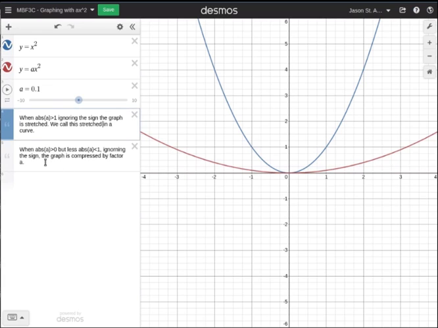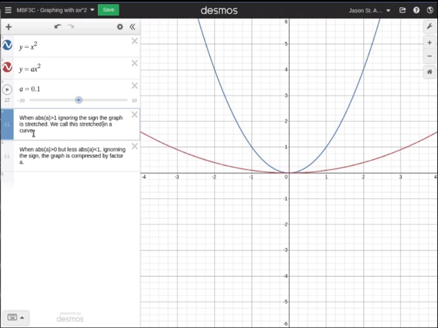So when we have our value of a being bigger than 0 but less than 1, we end up having our graph being compressed. As long as we ignore the sign, the graph is compressed by a factor of a.